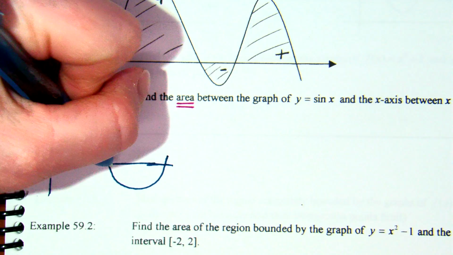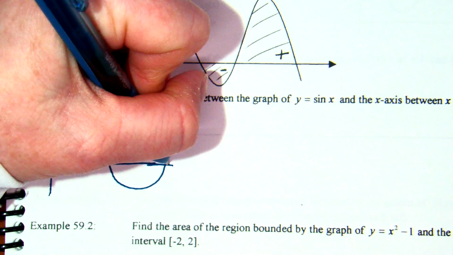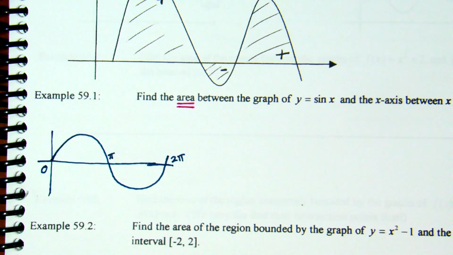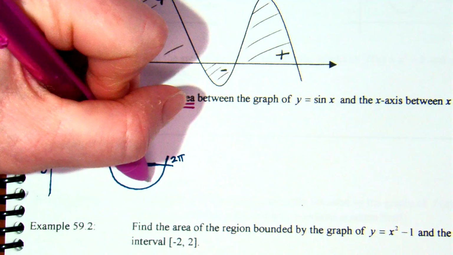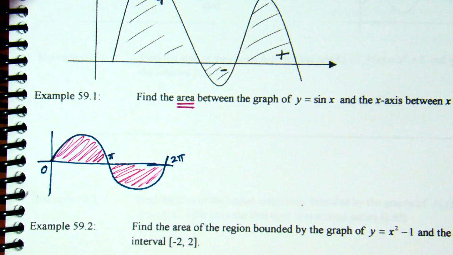It goes down. And then it crosses the x-axis again at 2 pi, yes? So when it says to find the area between sine x and the x-axis, that means we're trying to find this area above the x-axis and this area below the x-axis.